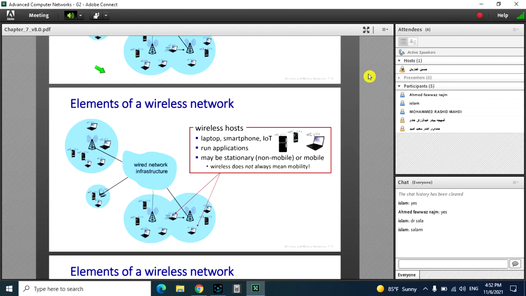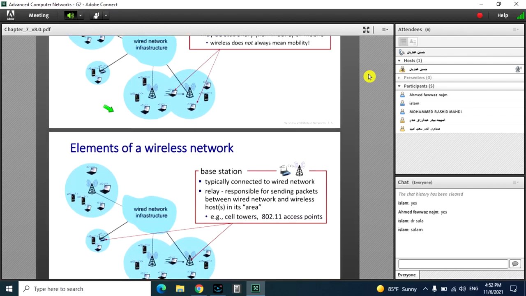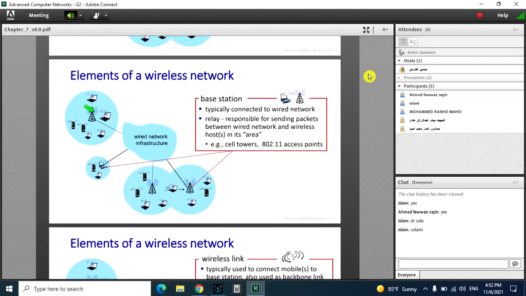Maybe my host is stationary, but it's wireless. And maybe my host is mobile and it's wireless. So wireless does not mean mobility. There are two different terms. We should be clear when we talk about them. Okay, maybe sometimes a wireless host is mobile, and maybe sometimes not. Okay.